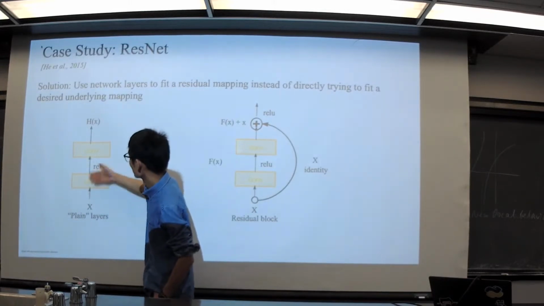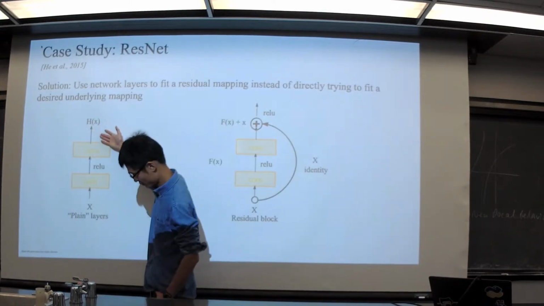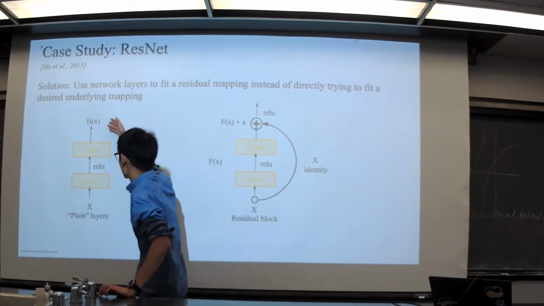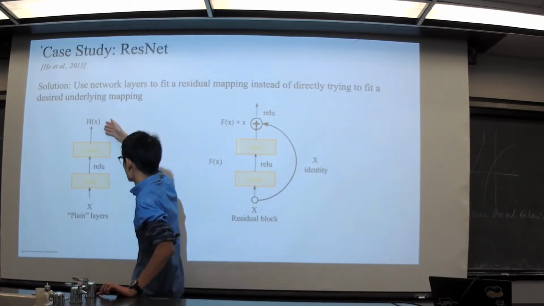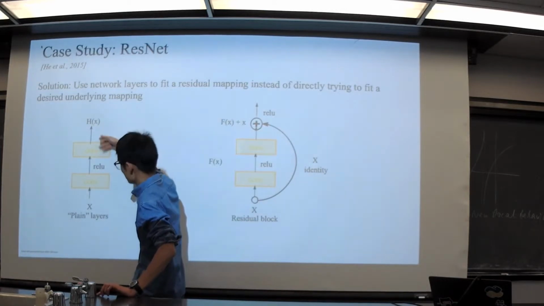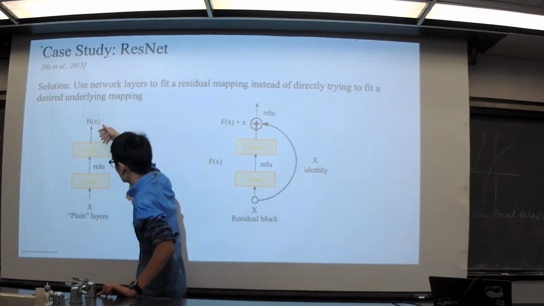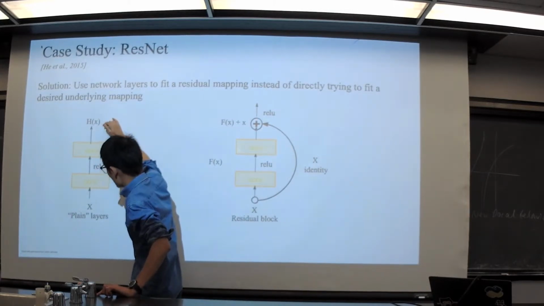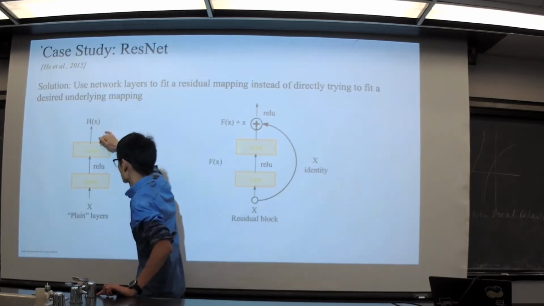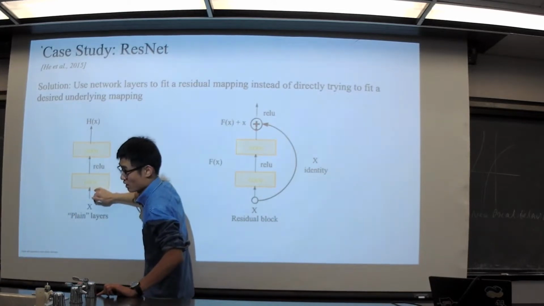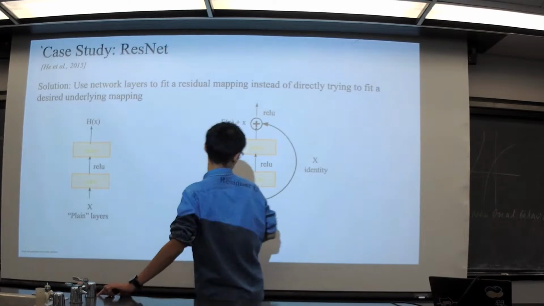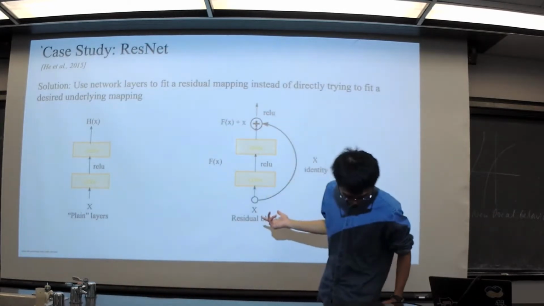Anyway, we get output H(X), right? But once you do backpropagation, you need to calculate the loss here, and the loss also needs to come through all of these convolutional layers. And it gets smaller and smaller, right?